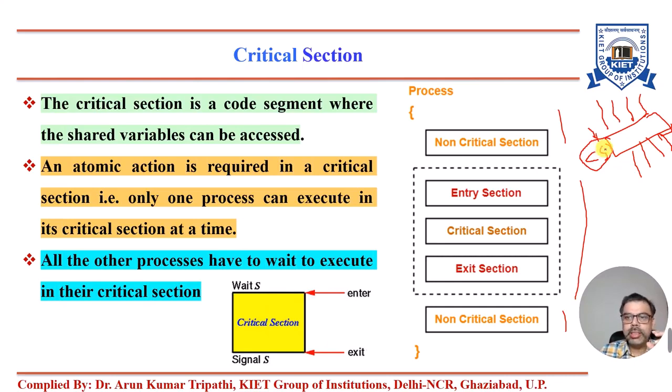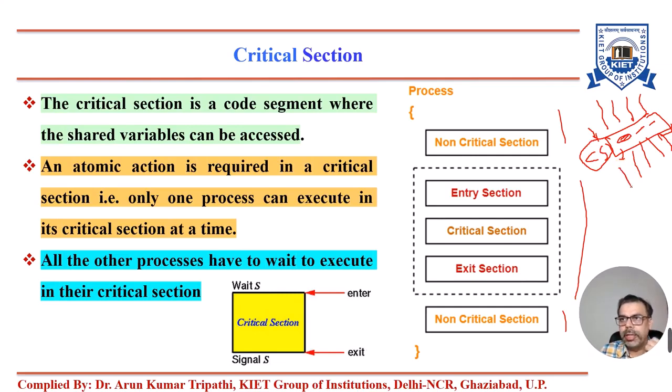If more than one process can enter the critical section at a time, the seat will be allocated to more than one user. This is not the real life condition. So in the critical section, only one process can enter, and after entering, it will make the updation, and when it leaves the critical section, it will again perform some action, and then it will go to its remainder section.